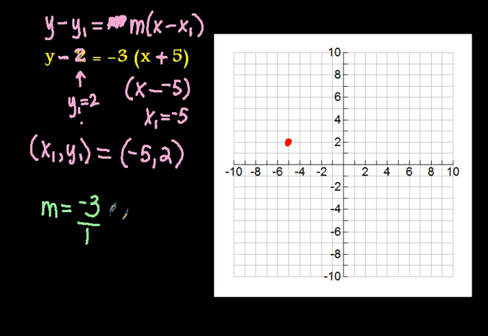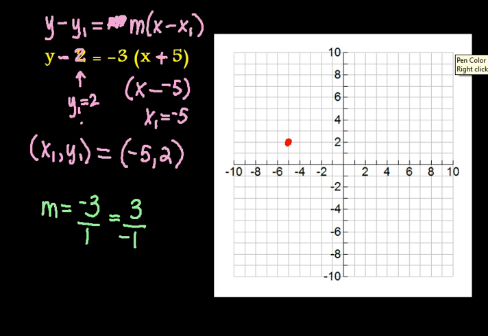The next thing to realize is that if you have a negative number and you're writing it in a fraction, you can express it two different ways. These two things are really the same. Negative 3 over positive 1 is the same as positive 3 over negative 1. Either way, a negative divided by a positive, or a positive divided by a negative, is a negative number. So that means I can think of it either way.